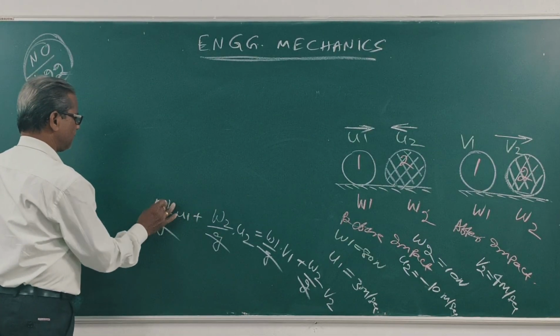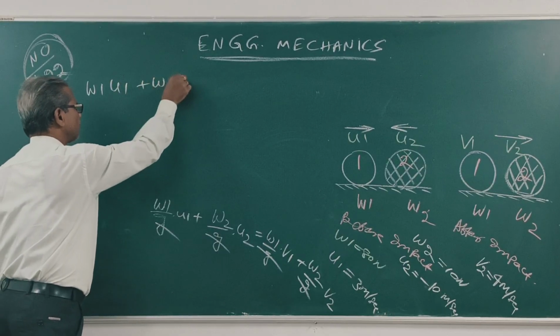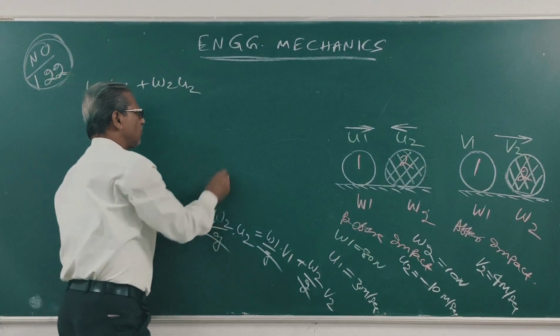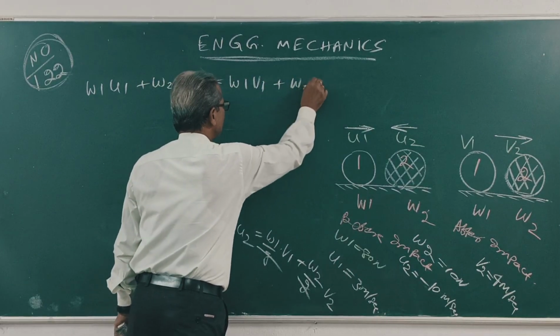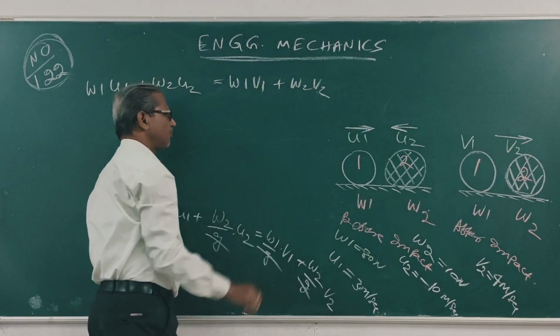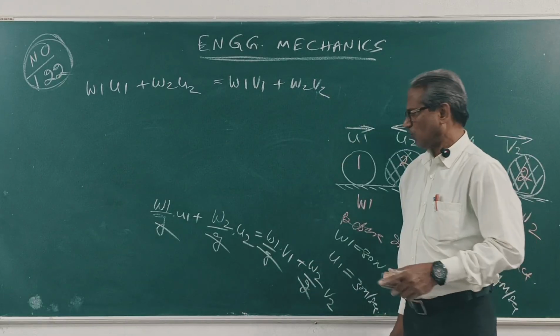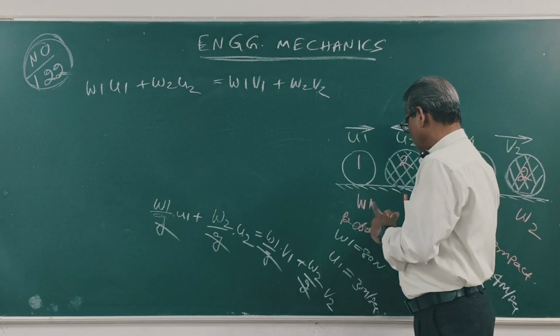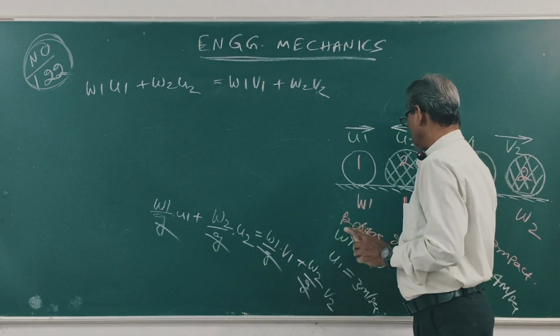This is W1 U1 plus W2 U2 is equal to W1 V1 plus W2 V2. There. Put in all the values and find V1. Now, for W1, 8 Newton.